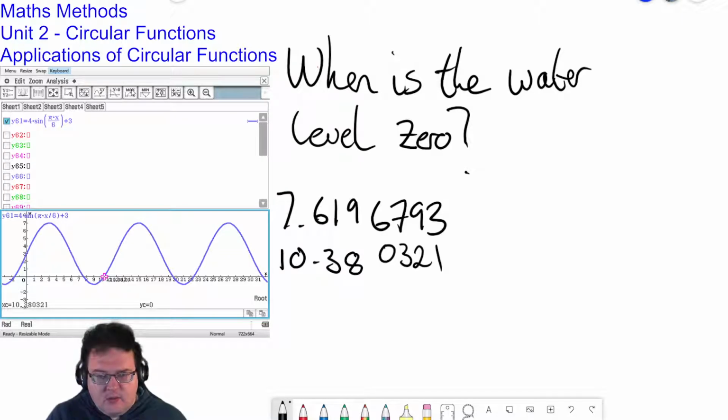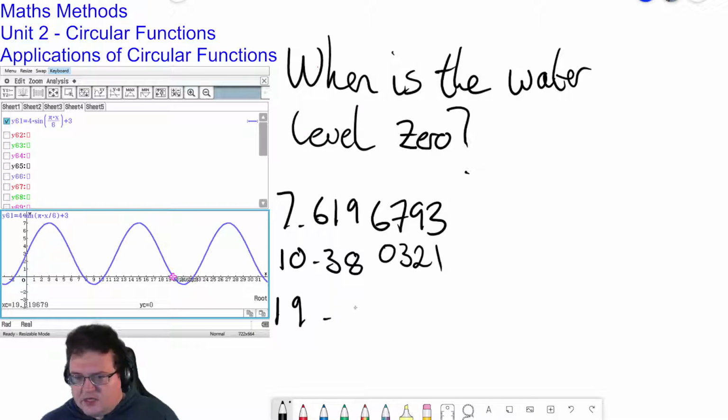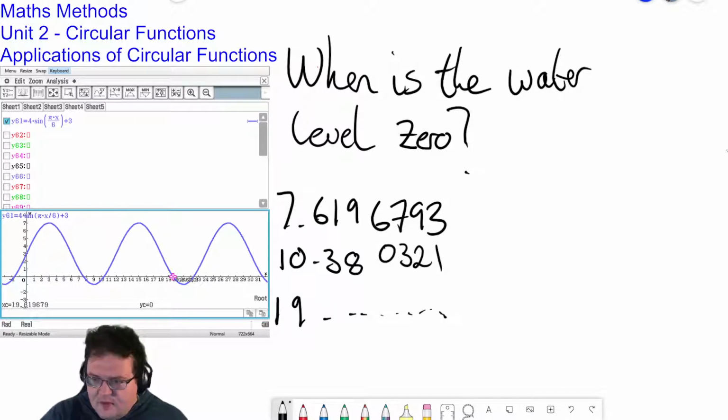No. So then I have 19 point... What do you notice about the decimal places? So we got all these decimal places, comparing it to the ones I already wrote down. What's the difference between them? How many units?